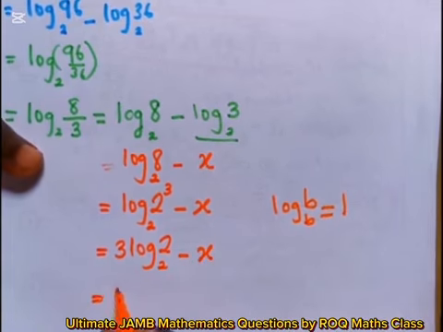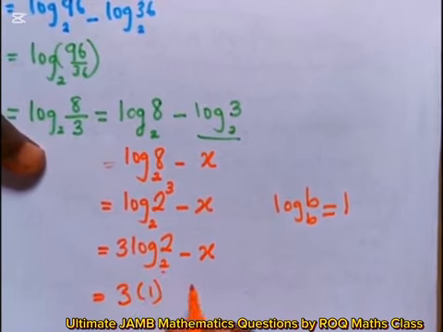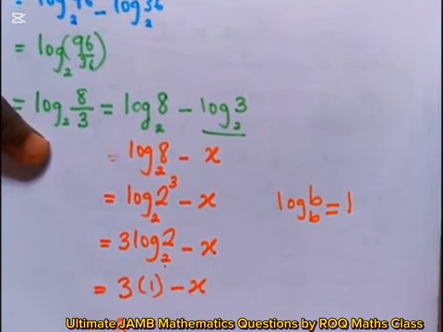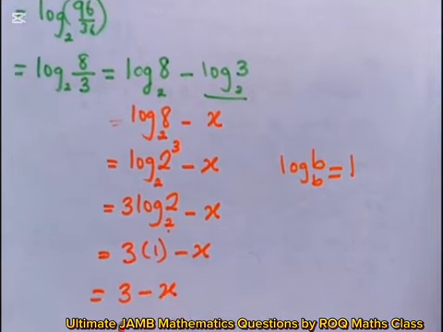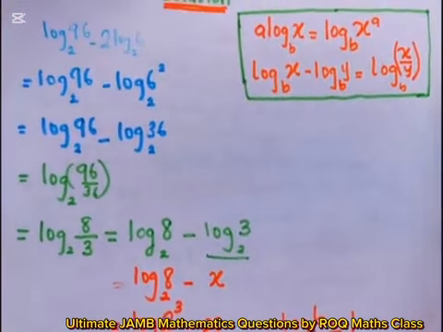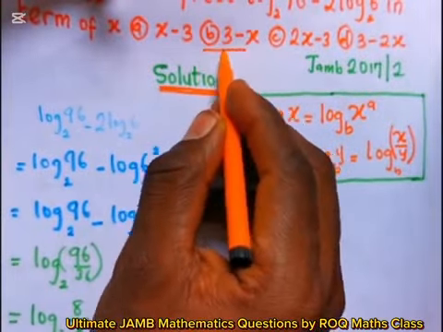So this is the same thing as 3 times 1 minus x. So I'm going to have 3 minus x, and this is the same thing as option B from the given question. So this is our final answer.